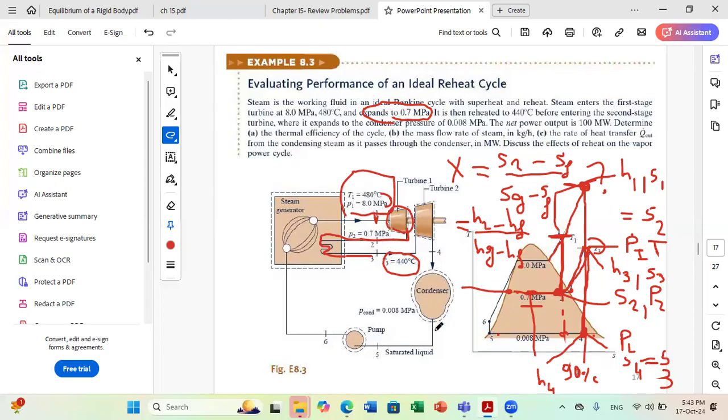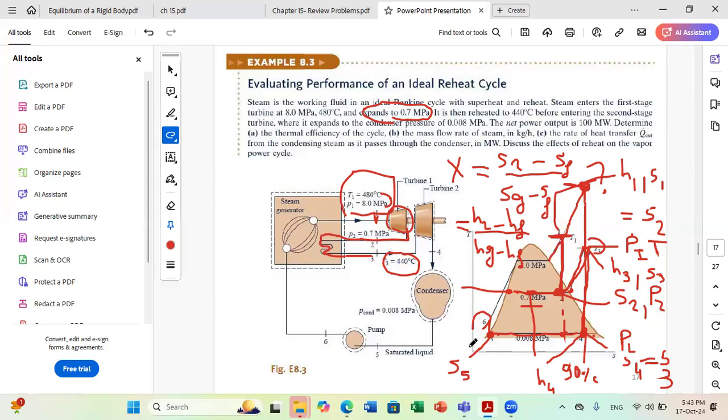Now moving to 5, as I told you, in general, if they don't say anything, always at the exit of the condenser, you take saturated liquid. And you need to determine at point 5, you will take S5 because you need it. But in general, for the pump, we don't use S5 equal S6 because we are in compressed liquid zone, and sometimes we don't find these properties in tables.